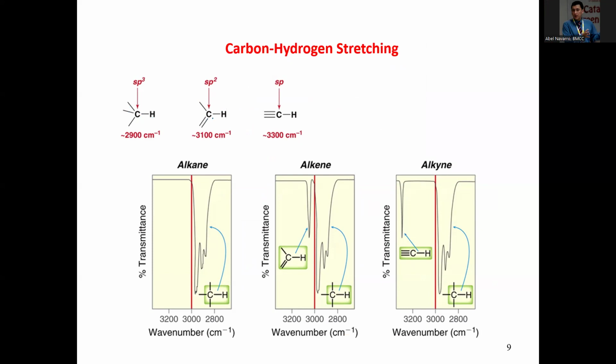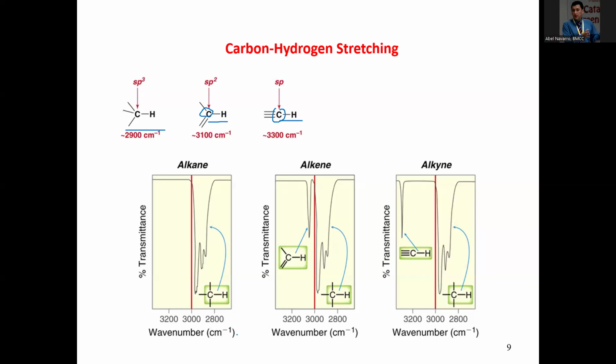This carbon is double bonded, therefore it will have a different IR. This carbon is triple bonded, so it will have a different IR response. The single bonded one is CH sp3, this one is a CH sp2, and this one is a CH sp. The difference is here, and this is how you will identify each of the peaks.